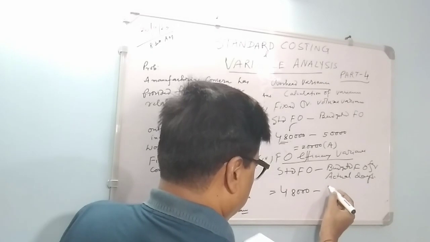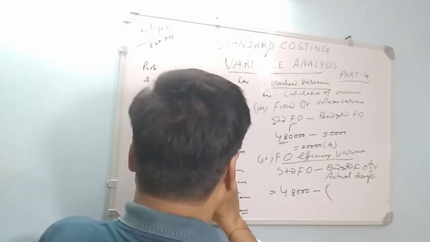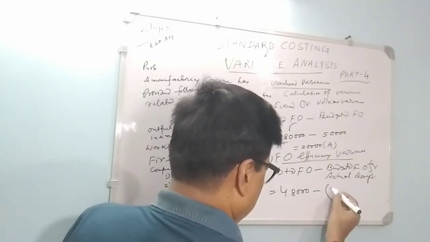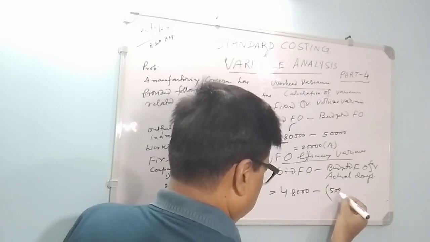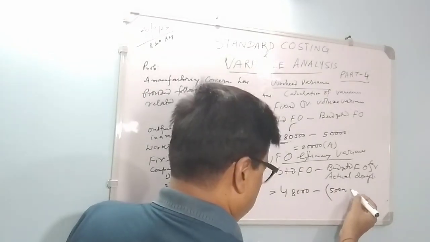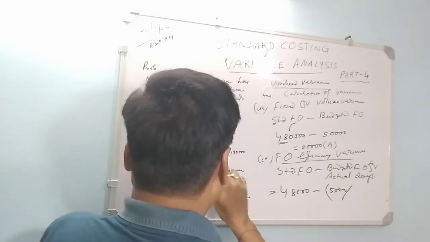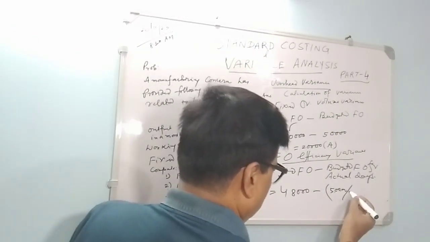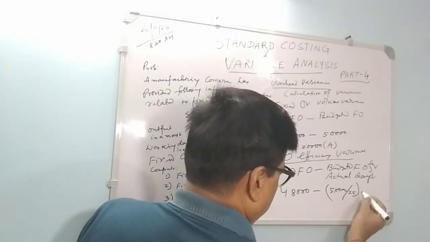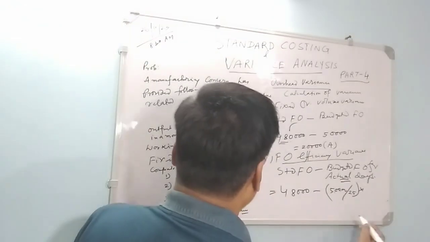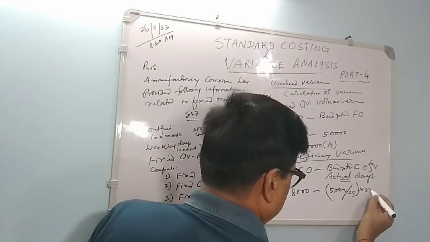You see that your standard fixed overhead is 5 lakhs by your working days 25 into here the actual days is 23.